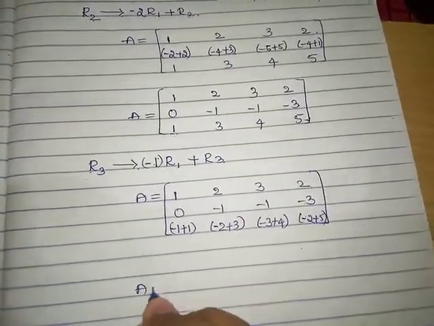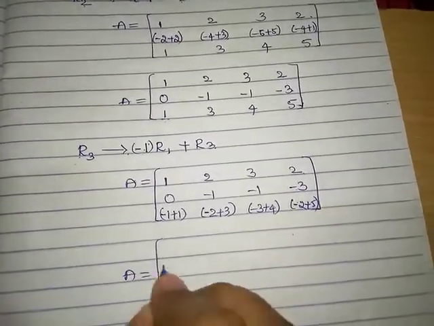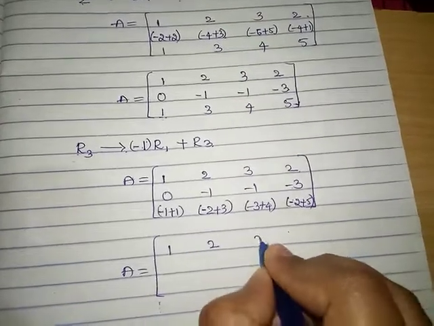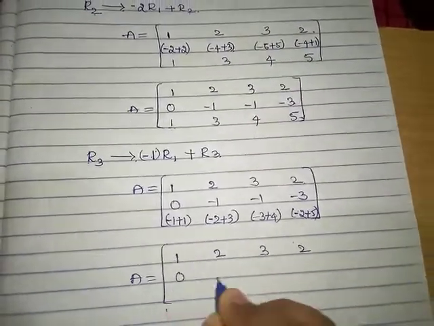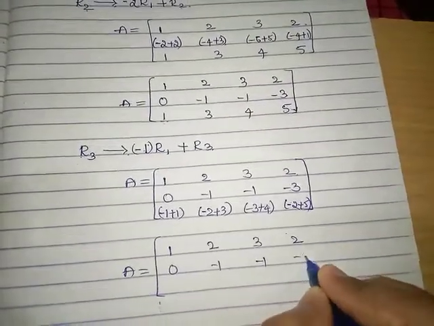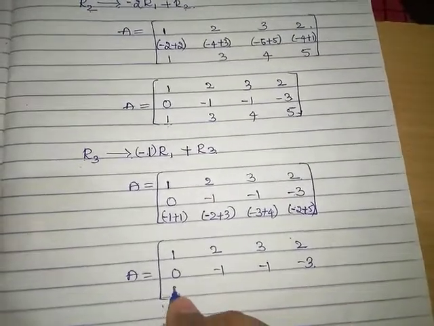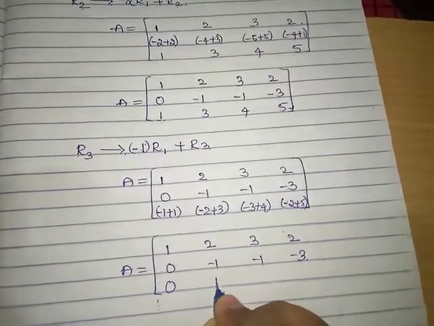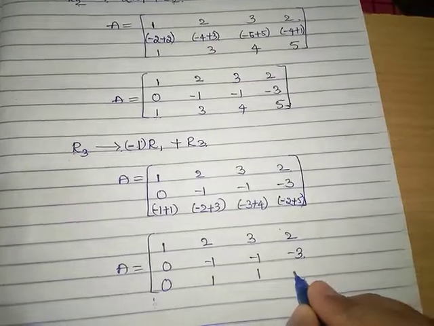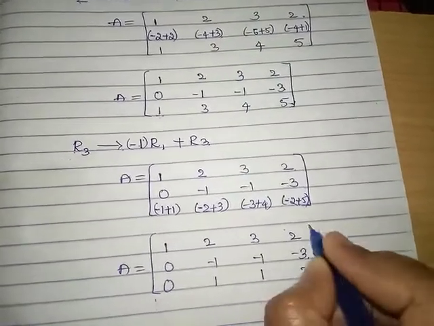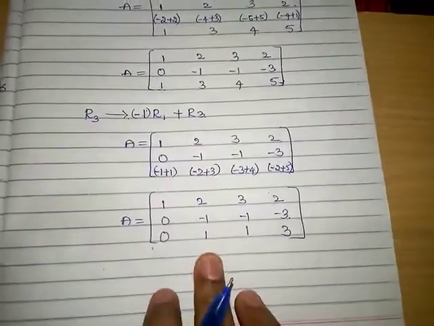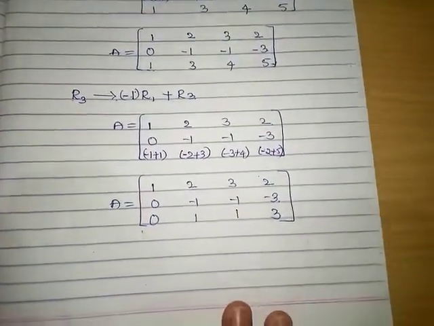Then matrix A is equal to 1, 2, 3, 2, 0, minus 1, minus 3, this is 0, this is 1, 1, and here it is 3. Okay, this is the matrix after the transformation.